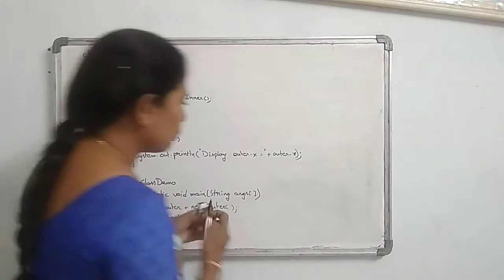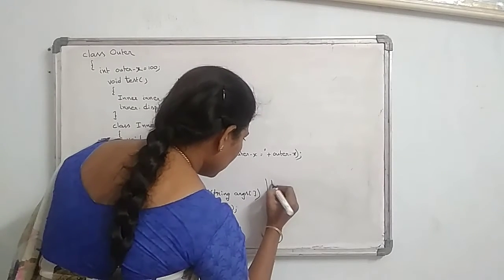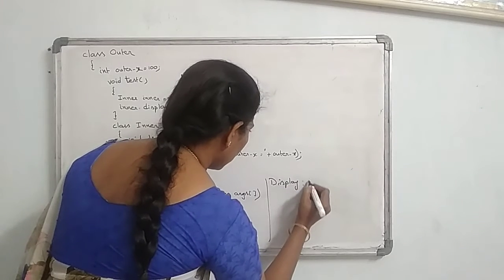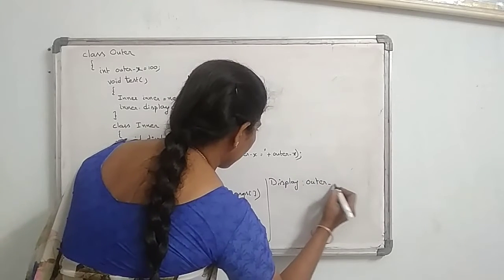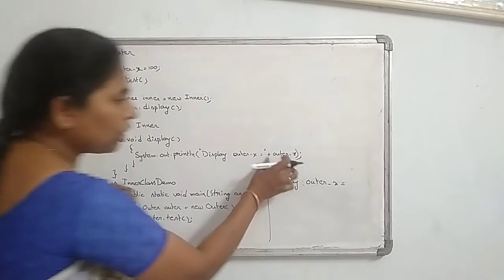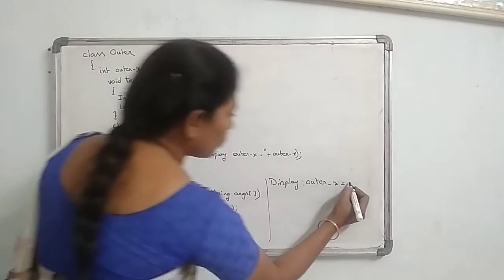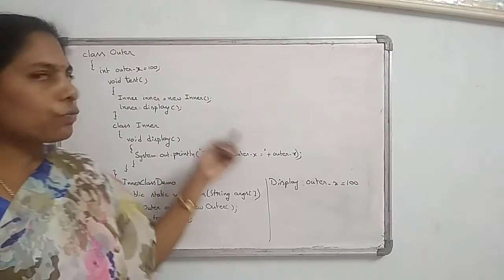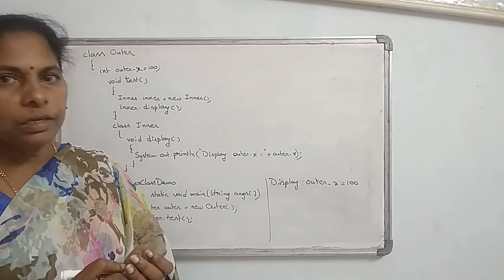So 100 must be printed. This is the example of nested classes.